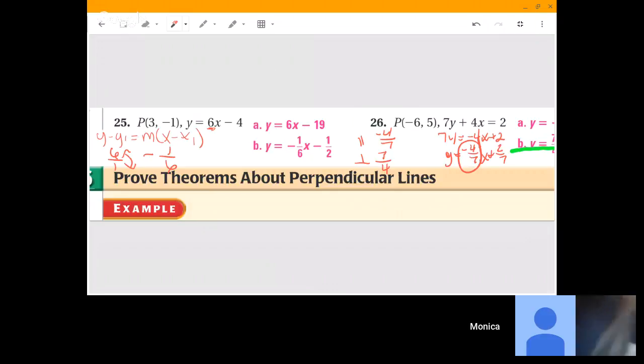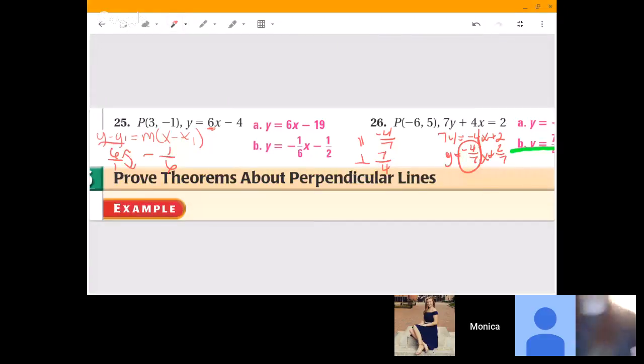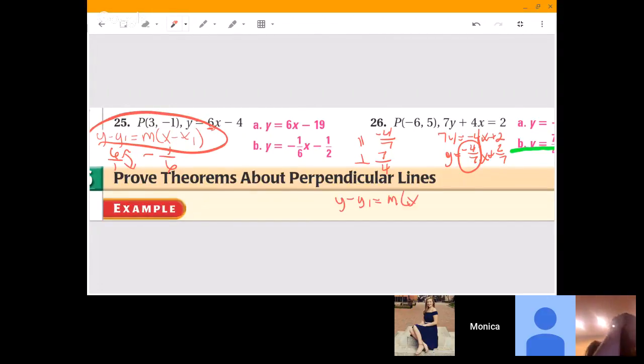And then you'll plug those into this formula over here. The y minus y1 equals m times x minus x1.